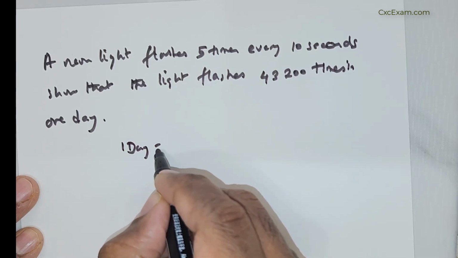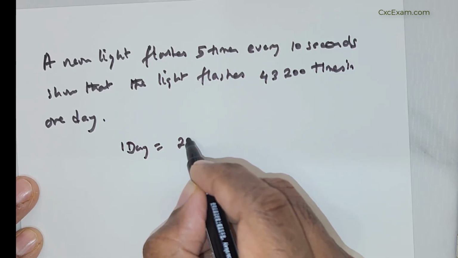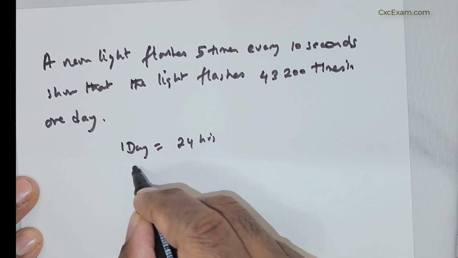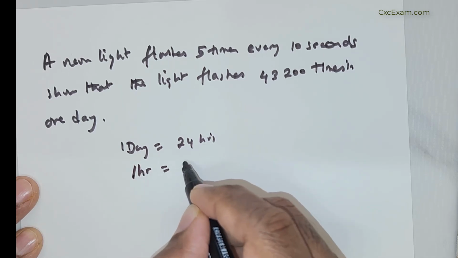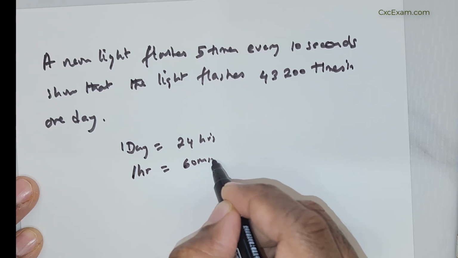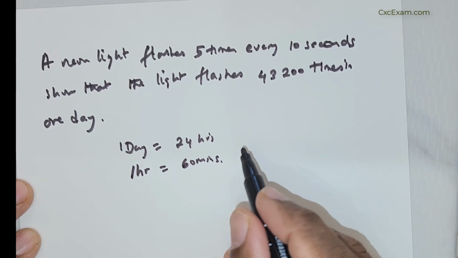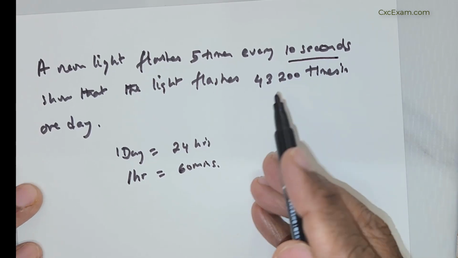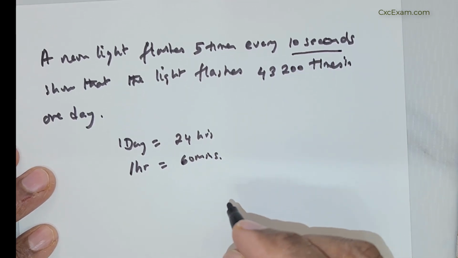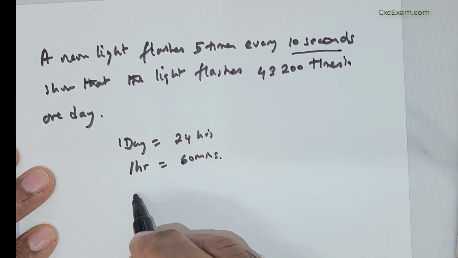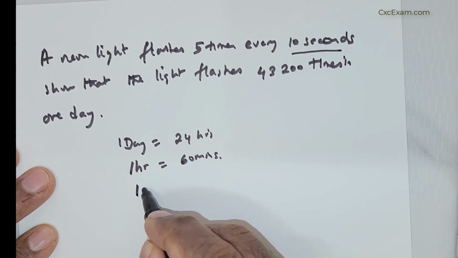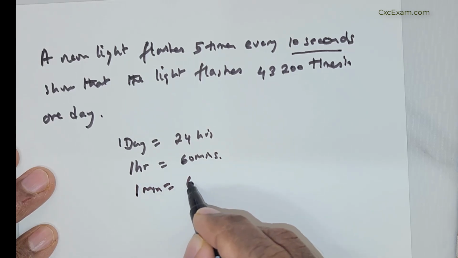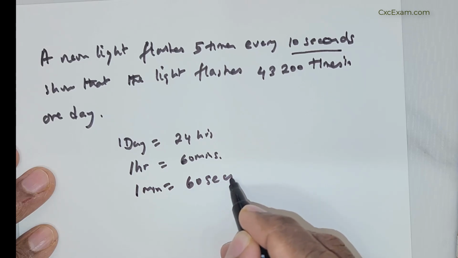Okay, so in one day how many hours do we have? 24 hours. Now in 1 hour how many minutes do we have? 60 minutes. Now we have to make the conversion in seconds. So in 1 minute how many seconds do we have? 60 seconds.